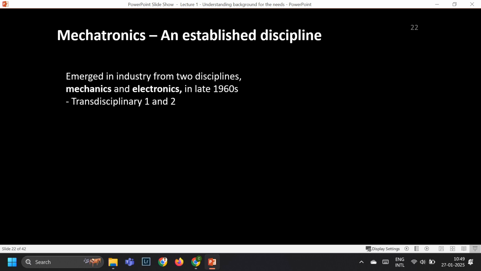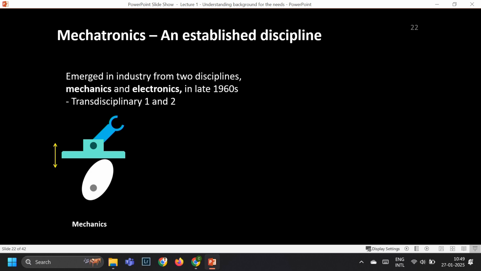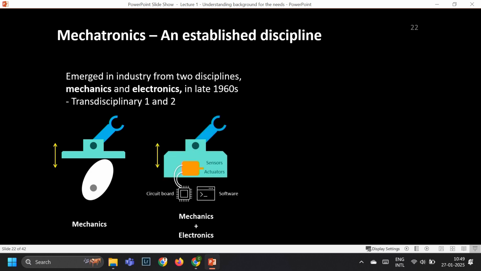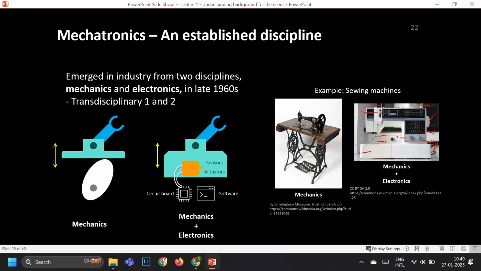So industries wanted more than what is possible with mechanics and electronics. So industries wanted more complex movement, complex control, and thereby academia developed knowledge for how to realize this by combining mechanics and electronics.